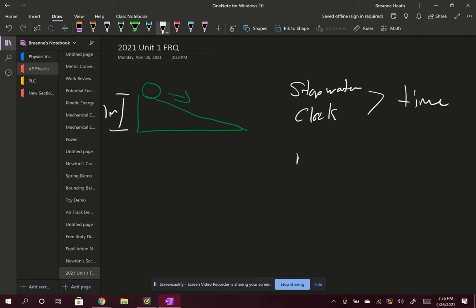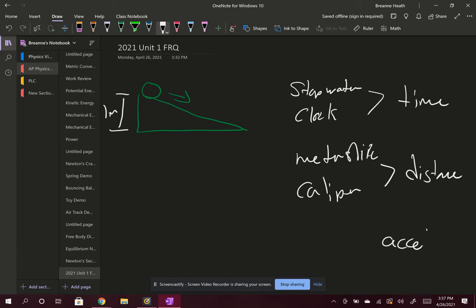We have a meter stick and the little clamper thing. Those both measure distance. So we have to think about an equation that has time and distance and acceleration in the mix, because that's what we're looking for.